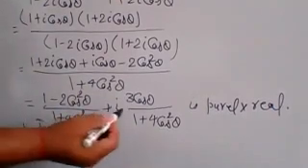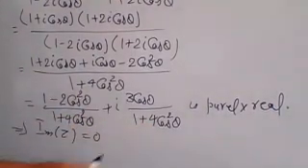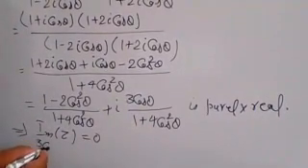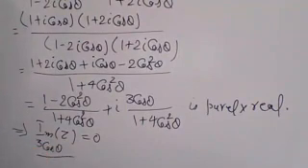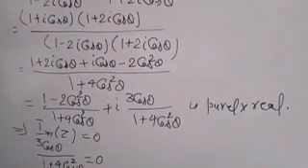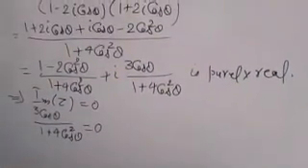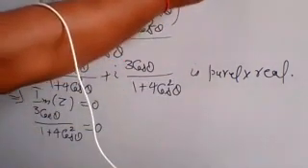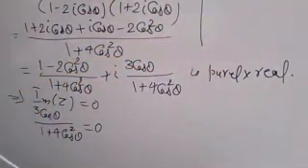And what is its imaginary part? 3cos θ upon 1 + 4cos²θ. So 3cos θ/(1 + 4cos²θ) = 0. From that, you have cos θ equal to 0. So you write it here.